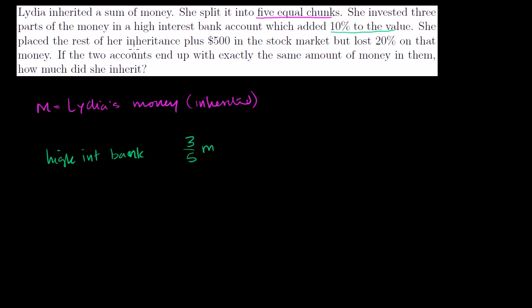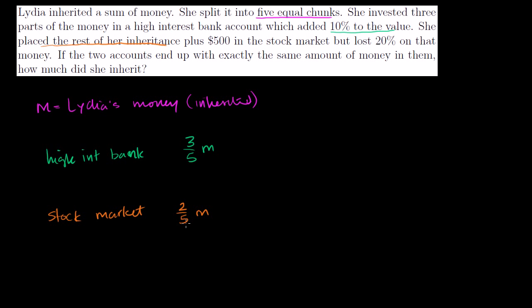She placed the rest of her inheritance plus $500 in the stock market. So how much was that? So in the stock market, she placed the rest of her inheritance. So if she put 3/5 of it in the high interest bank account, what's left over? What's going to be the 2/5? 2/5 of her money she is going to invest in the stock market, right? You combine 3/5 plus 2/5, you have all of the money that she inherited.